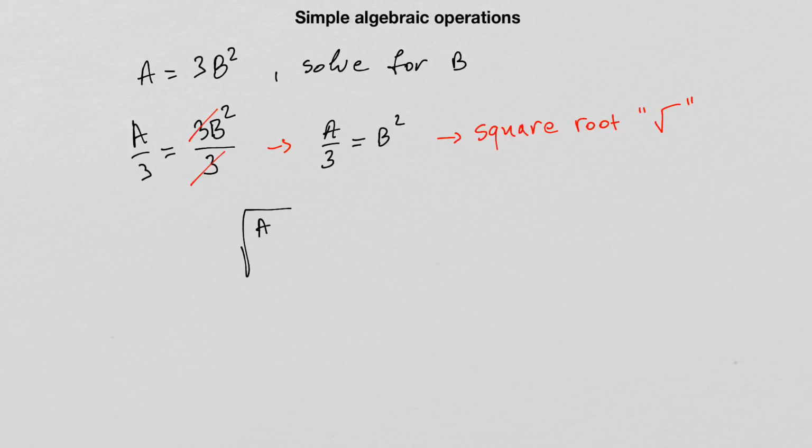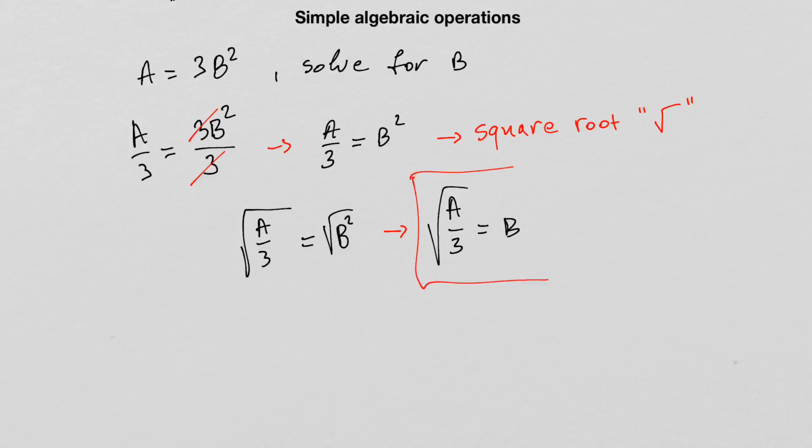So square root of a divided by 3 is equal to square root of b squared. Again, as I said, the square root operation is opposite to taking the second power of some quantity. So then that means that I have square root of a divided by 3 is equal to b. So that's how you deal with those situations.